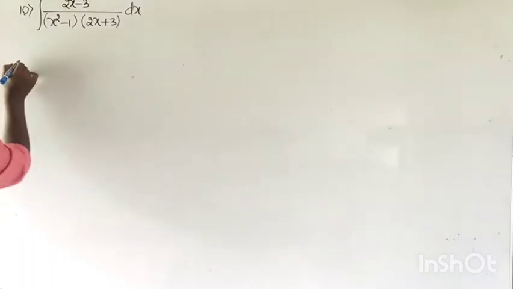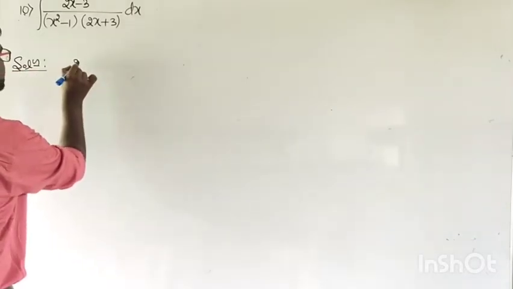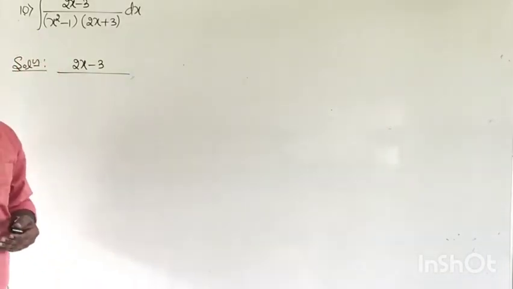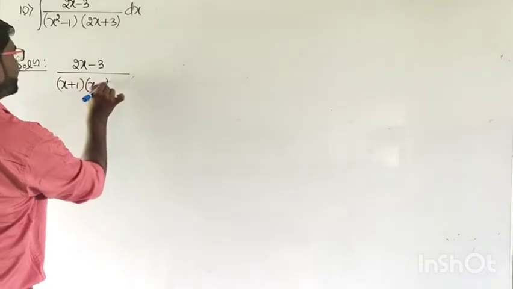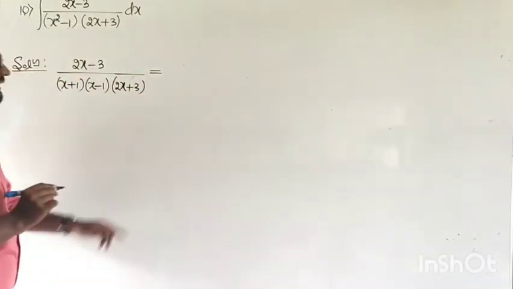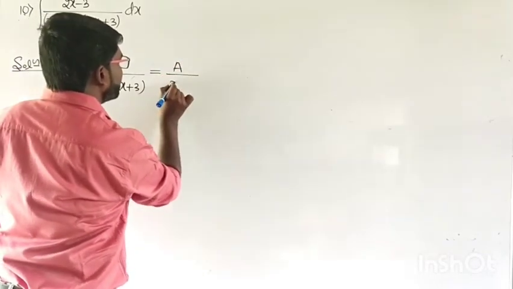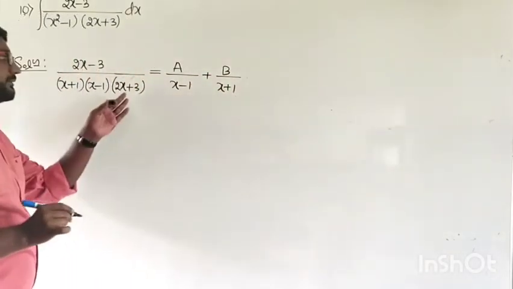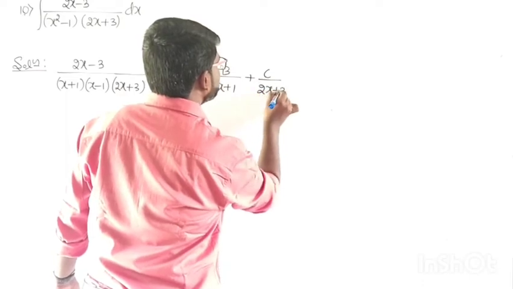So take the integrand part, 2x minus 3 divided by, so here x square minus 1 can be written as (x plus 1) into (x minus 1). (x plus 1) into (x minus 1) into (2x plus 3) as it is, which is equal to A divided by x minus 1 plus B divided by x plus 1 plus C divided by 2x plus 3.